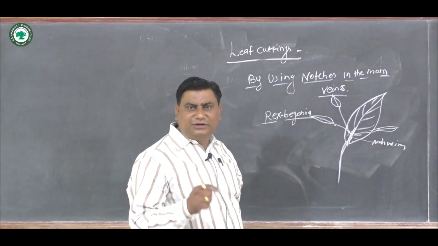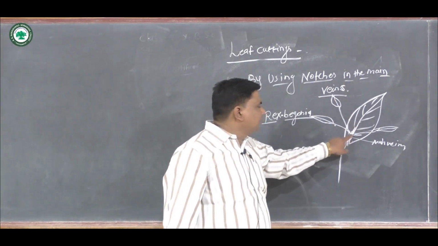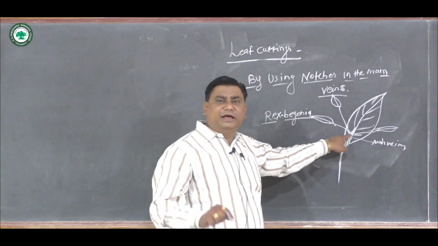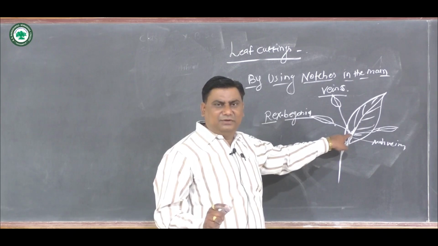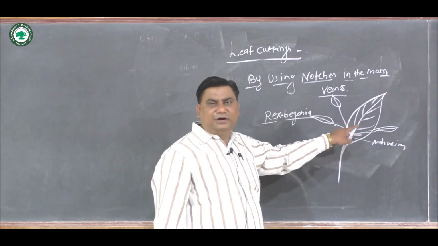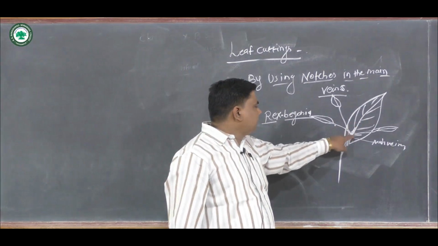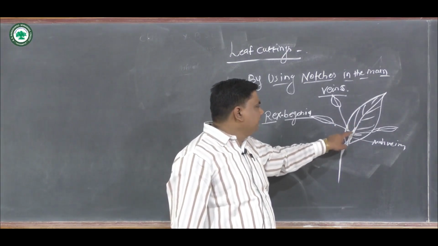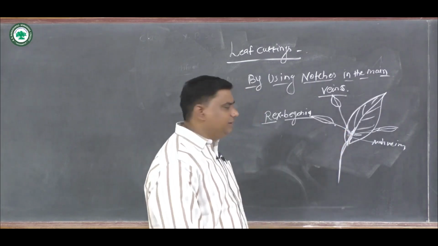We know what a notch is. Notches are made at the junction of the main vein with the help of a nail or a knife. Okay, with the help of a knife or a nail, a notch is made at the junction of the main vein. So the notched leaf is kept on soil.